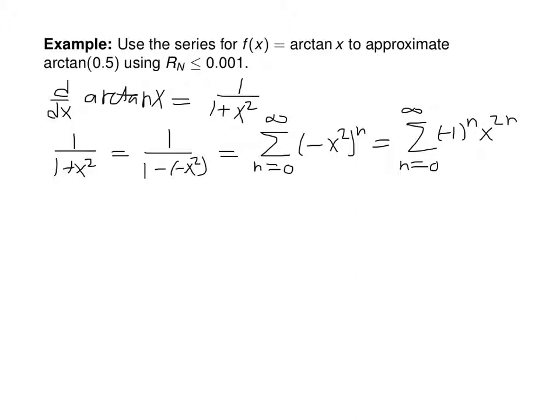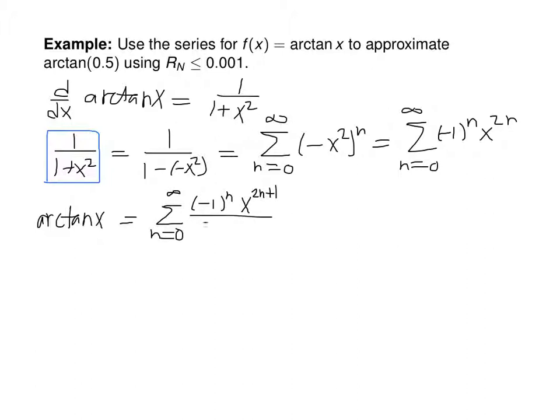So that is a power series for 1 over 1 plus x squared. Now we want to find one for arctan, so we'll have to integrate this. So arctan will equal the integral of this, a sum from n equals 0 to infinity of negative 1 to the n, x to the 2n plus 1 over 2n plus 1.